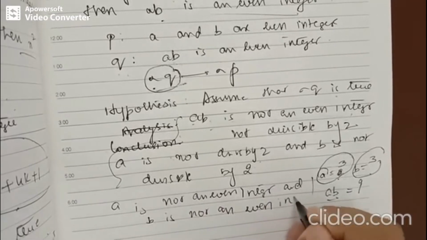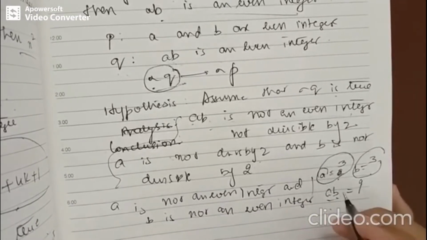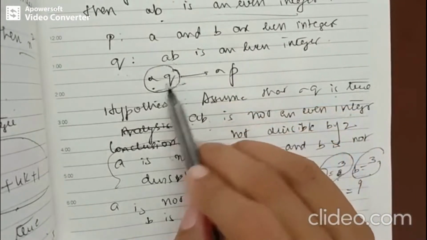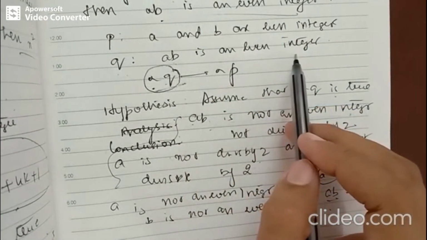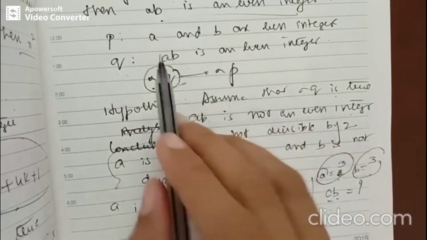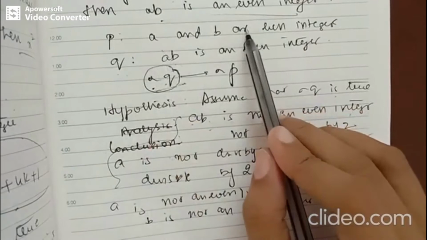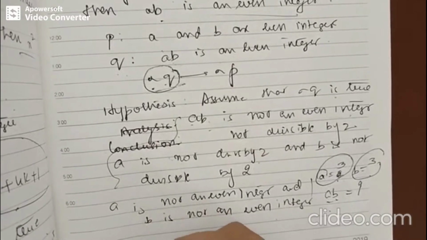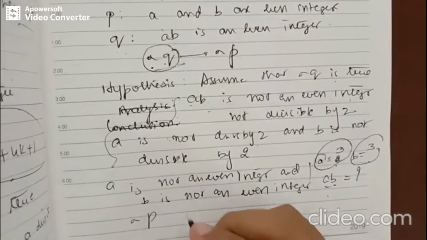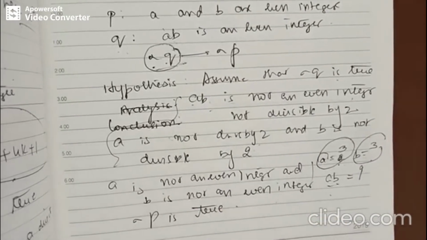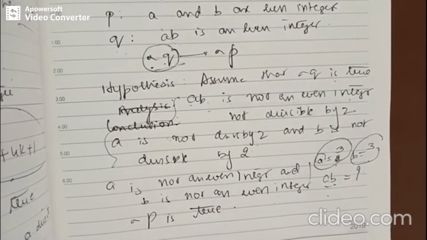So what we have done is, we started with negation Q is true, that is AB is not an even integer, and we infer that negation P is true. What is negation P? A is not an even integer and B is not an even integer. Yes, we have arrived at that portion. That is, we have proved that negation P is true.